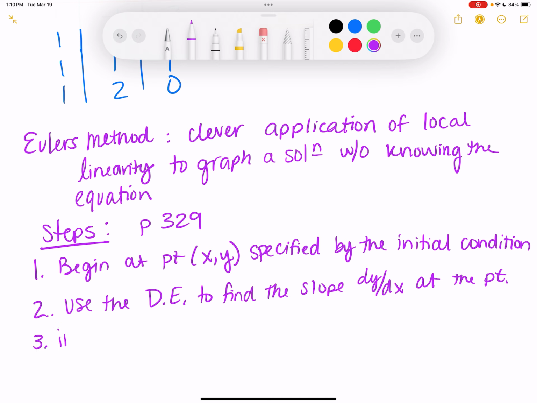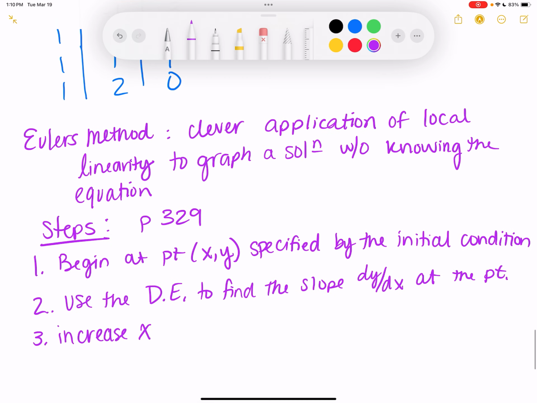Three, increase x by a small amount. Call that delta x. Increase y by a small amount.